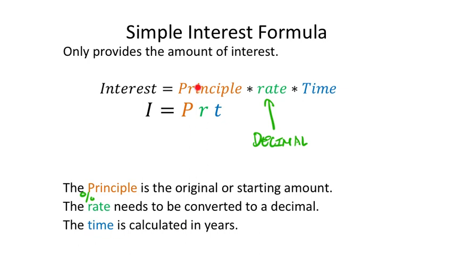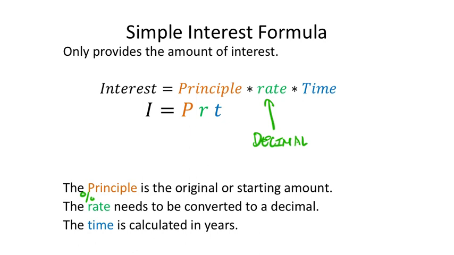Okay, so the principal times the rate as a decimal, and then multiply that by the time, will tell you how much interest has been put into the account. The interest does not tell you the final value of the account. So you have to be aware of that, because they may word these in that way where they're going to say how much is the final value of the account, but some of them are going to say how much interest was put into the account. And you have to know the difference between the two so that you know which one you're solving for.